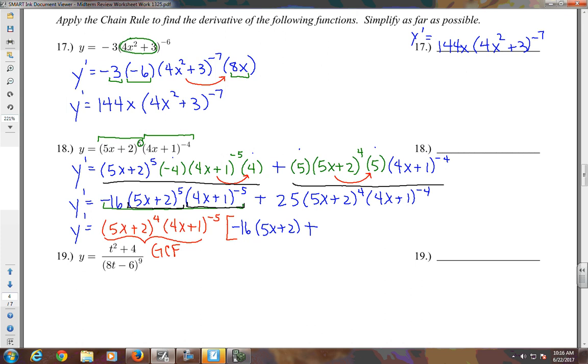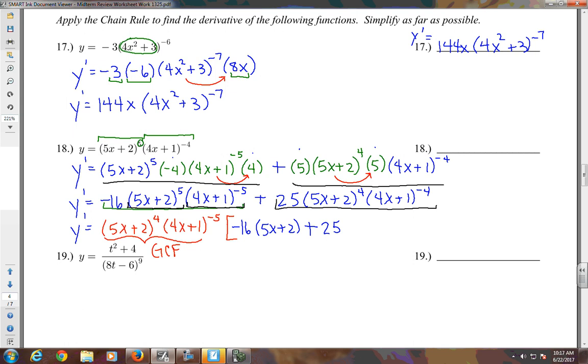So now I'm going to be looking at taking the greatest common factor out of this term. Well, my GCF does not have a 25, so I'm going to need to include that here. Looking at the 5x plus 2, the GCF has that term raised to the 4th power, which matches our second term exactly. So I'm not going to need that factor 5x plus 2 here.